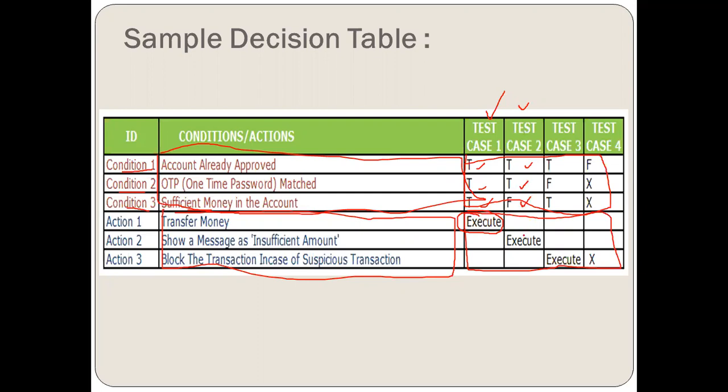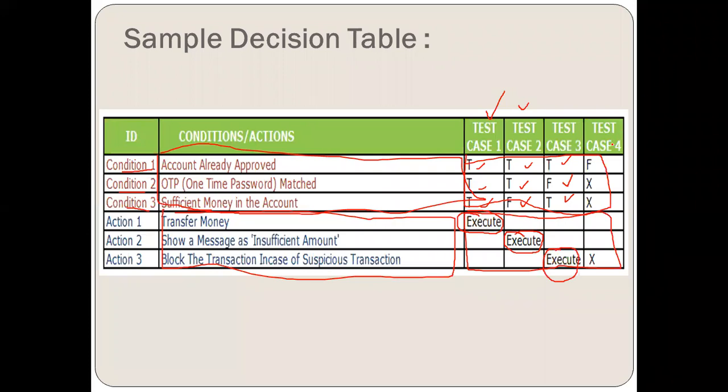Then it is going to show the message as insufficient amount. Third case says already approved account, yes. OTP is wrong, so OTP is not true. Sufficient amount is there. Then the transaction will be blocked because OTP is not matched. It can be suspected that the transaction can be a fraud.